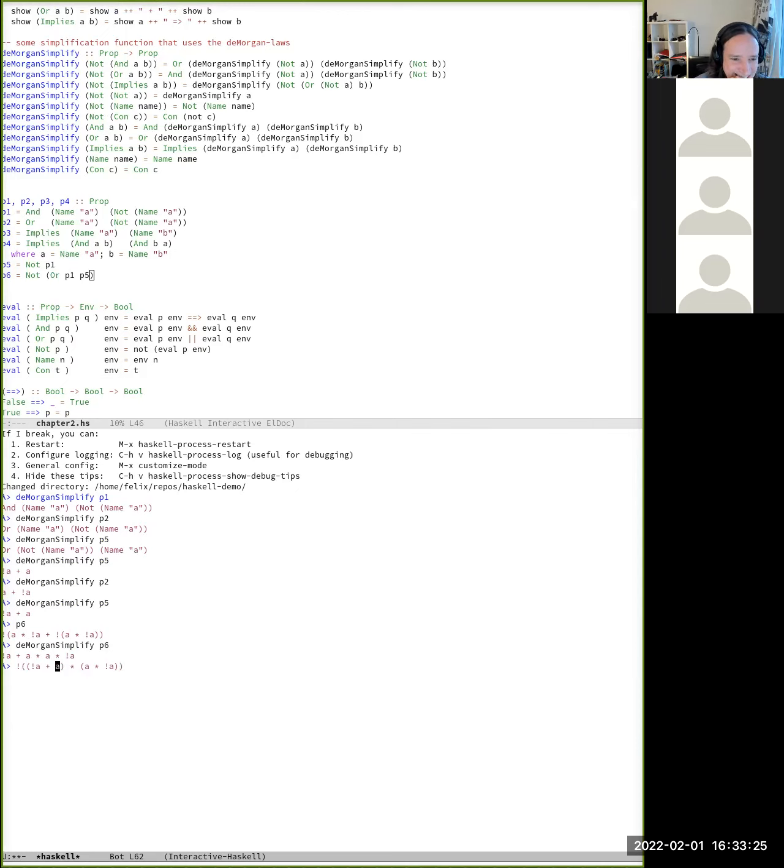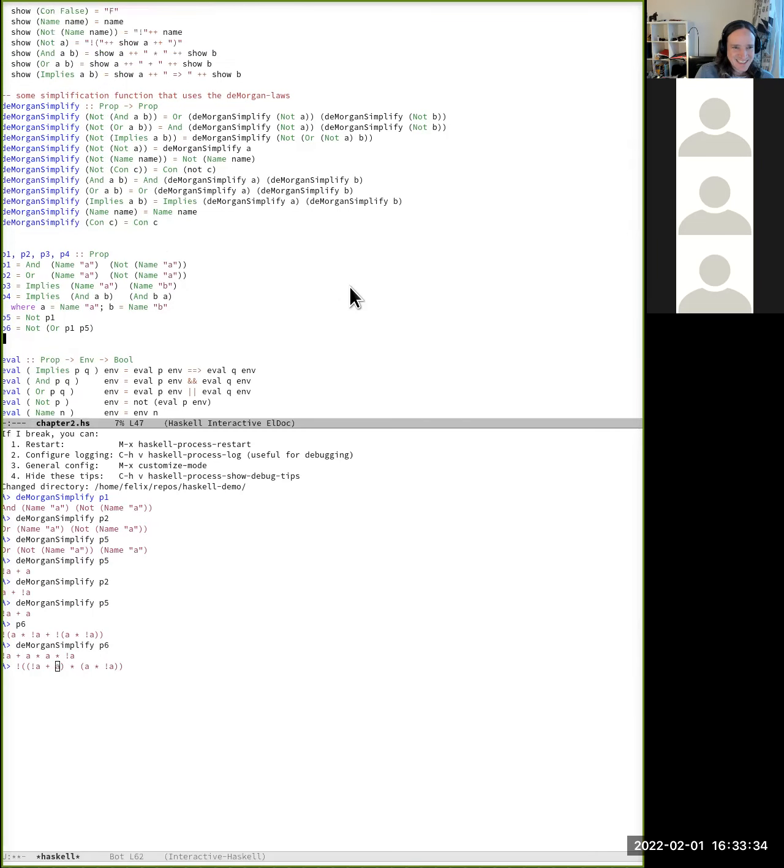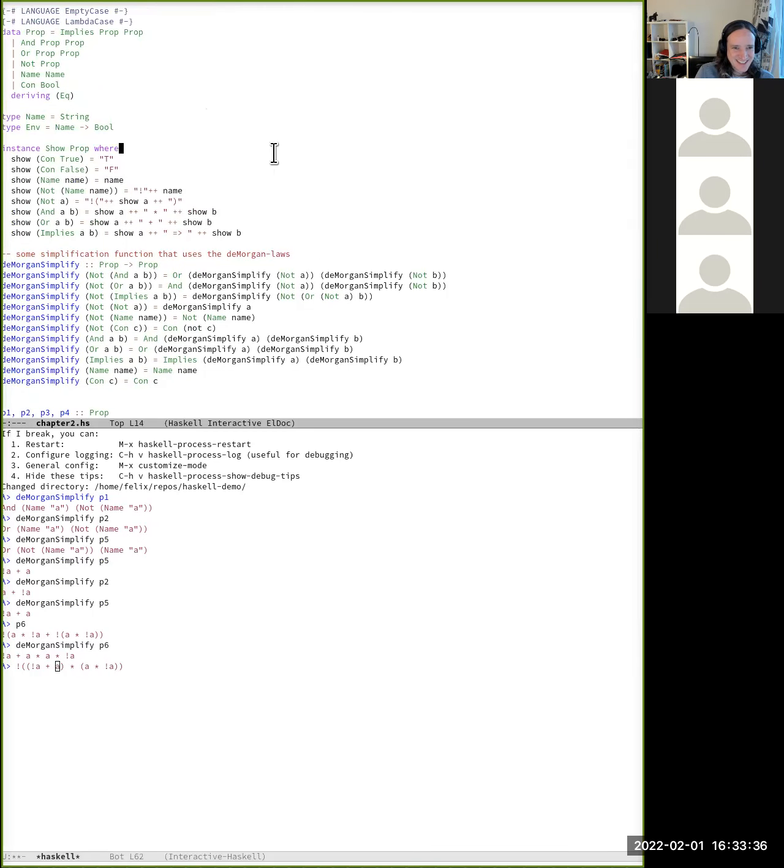So I guess if it's correct or not depends on how your printing function prints. Sorry, I want my own function back, my derived printing function. Check this.